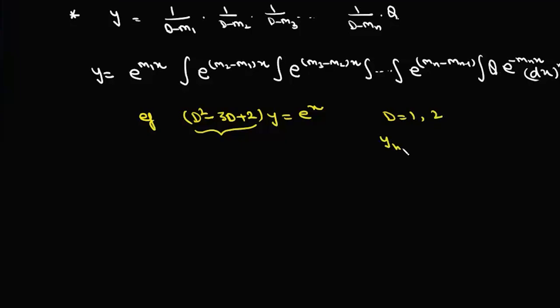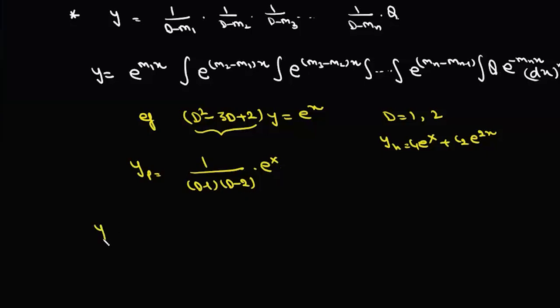So YH was C1 e to the power x plus C2 e to the power 2x. Now we can write this YP as 1 upon (D minus 1)(D minus 2) into e to the power x. Now here m1 is 1 and m2 is 2 and Q is e to the power x.